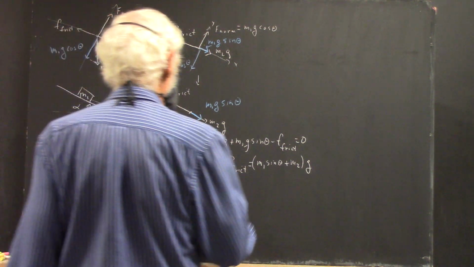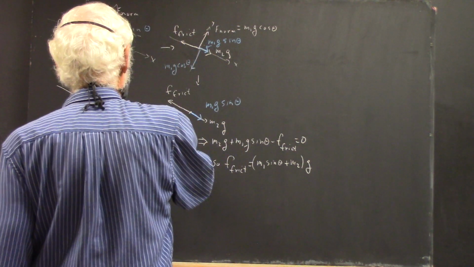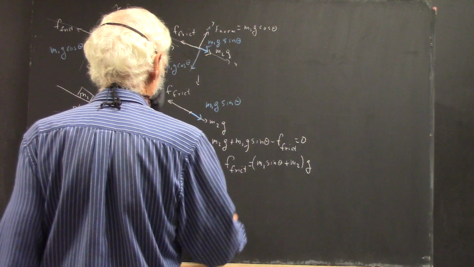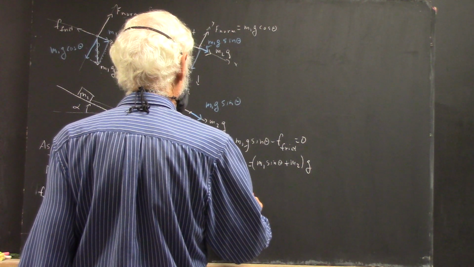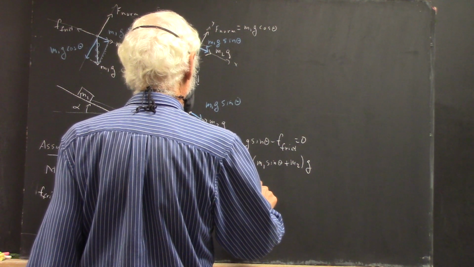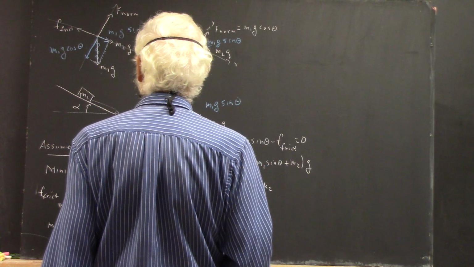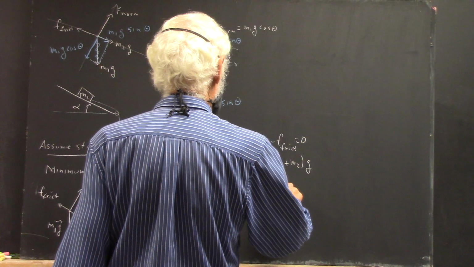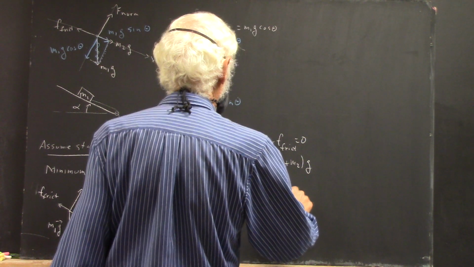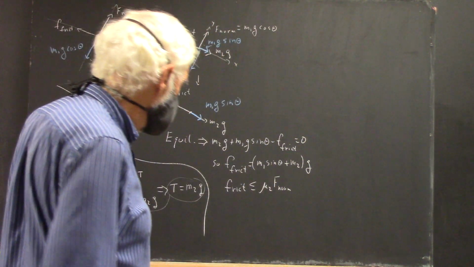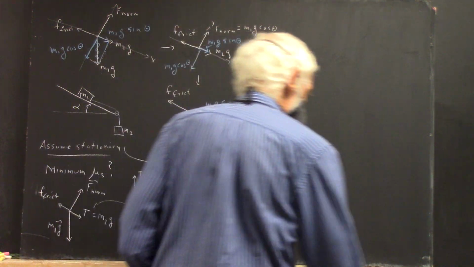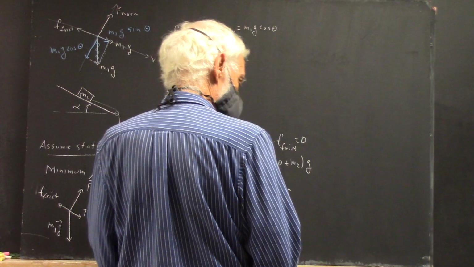The other thing we know is that the force of friction is less than or equal to mu s times the normal force. I said mu s and I wrote mu 2.